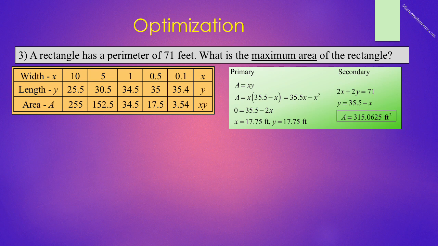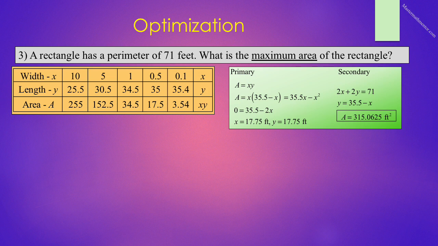There are two variables on the right-hand side, so we need a relationship between x and y. And we use the fact that the perimeter, which is 2x plus 2y equals 71, and therefore y equals 35.5 minus x. Therefore, A equals x times 35.5 minus x, or 35.5x minus x squared.